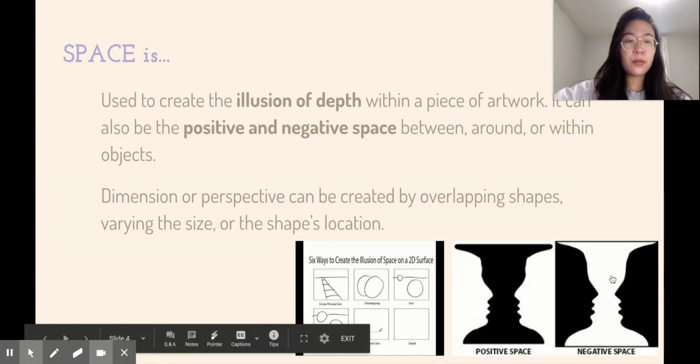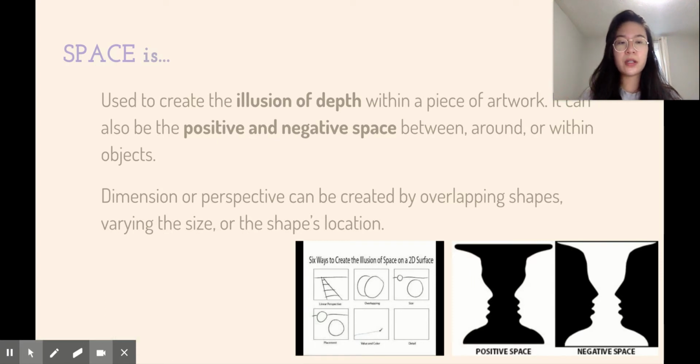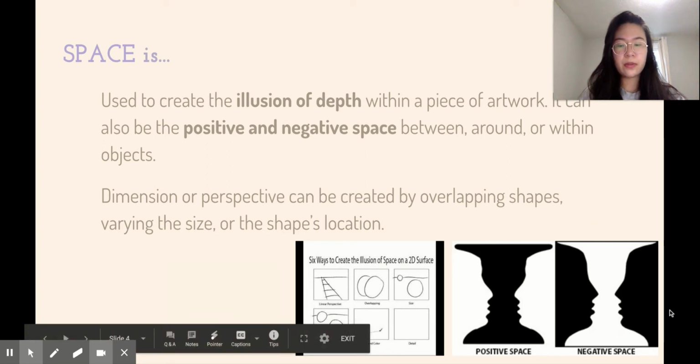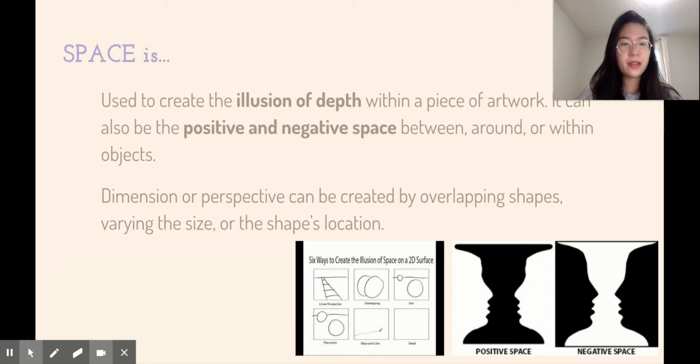Then when it switches and we focus on the negative space, it gives us a really different image. It looks like a profile of a face, two people looking at each other. So space can be tricky, but it doesn't always have to mean perspective. Sometimes it's literally just the object versus its background.